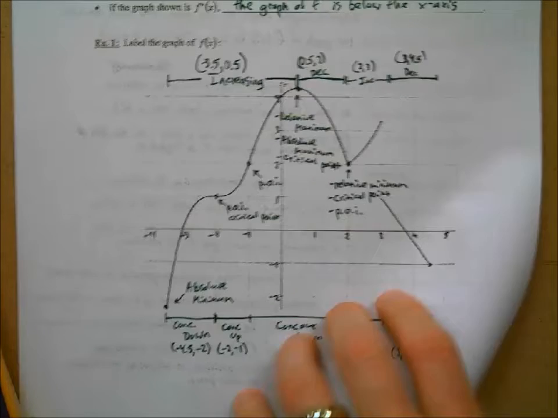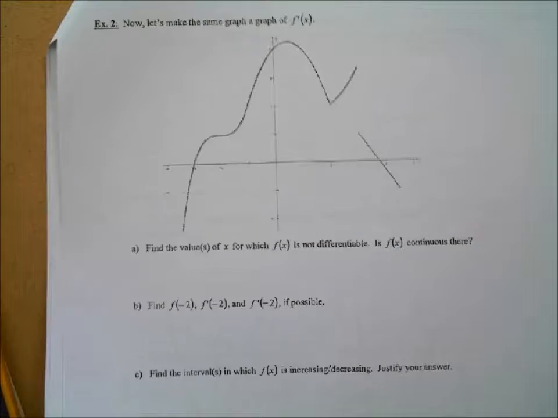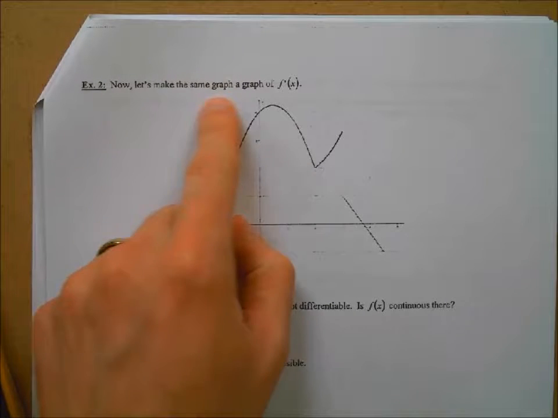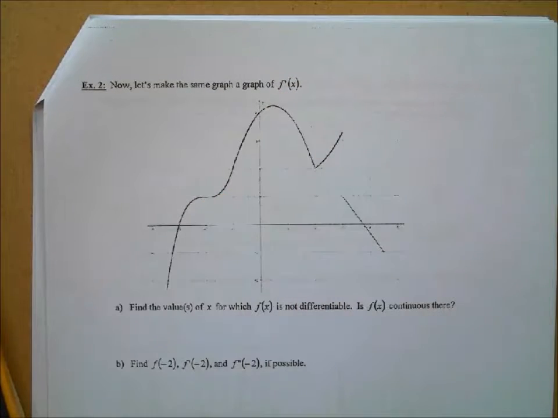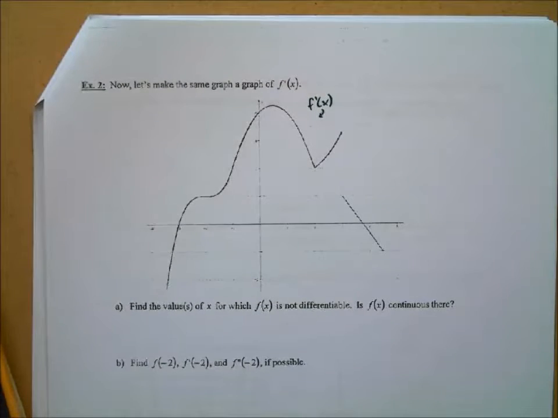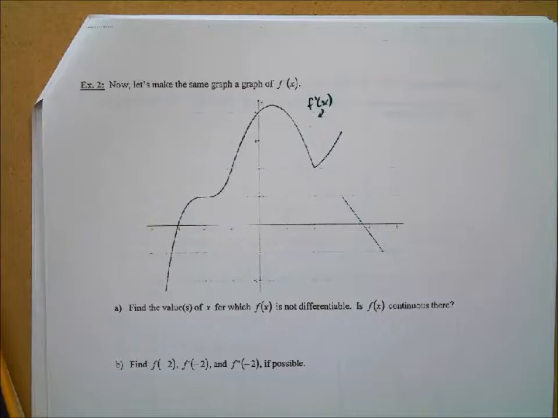But now let's turn the page here, and let's consider this graph no longer to be f. Let's make the same graph a graph of f prime of x. So now let's call this the graph of f prime. So this is f prime of x here. Okay.